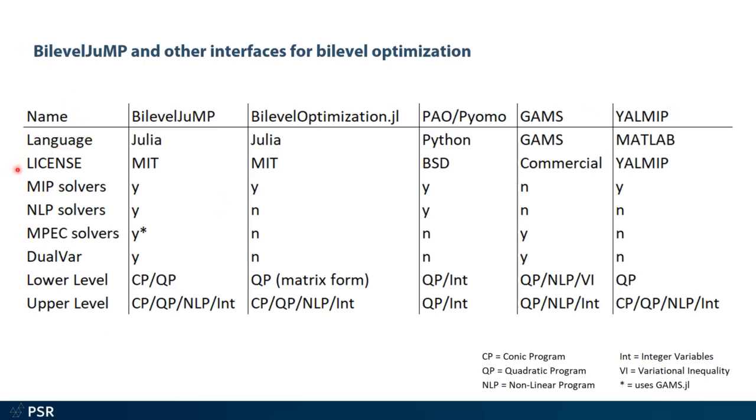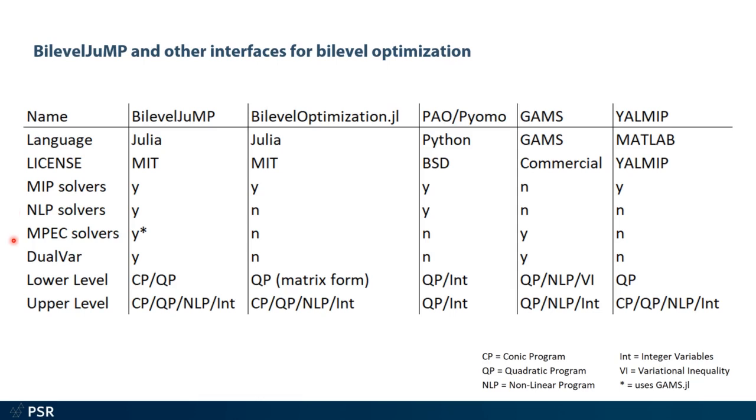In terms of licenses, BilevelJuMP is very flexible because it's MIT license, which is as good as it gets. Also, BilevelJuMP is very interesting because it supports both MIP solvers and NLP solvers, which are both not supported by almost any other interface, except BiOmo, which supports both of them.